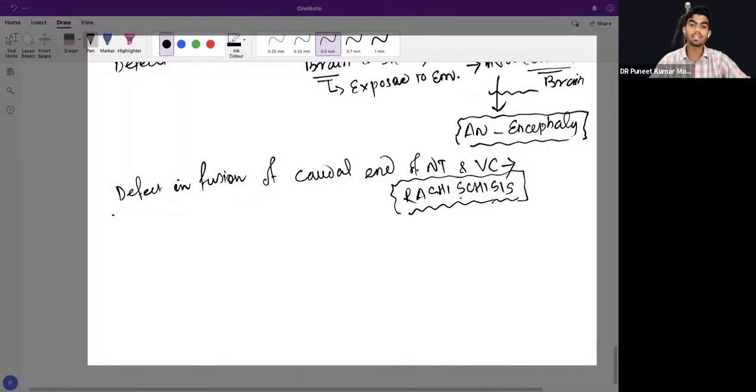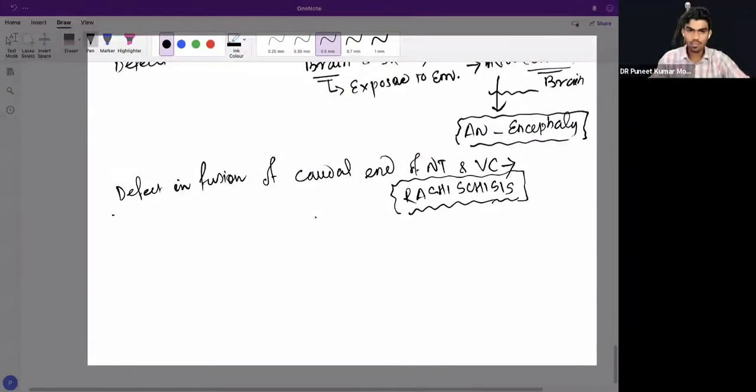This problem is called rachischisis. In this, the spinal cord doesn't form a tube-like structure. The spinal cord is open like this. Okay, and the vertebral column is also open like this. There is no spine of the vertebra. There is no lamina of the vertebra. Okay, the vertebral column is open like this on the dorsum of the baby.